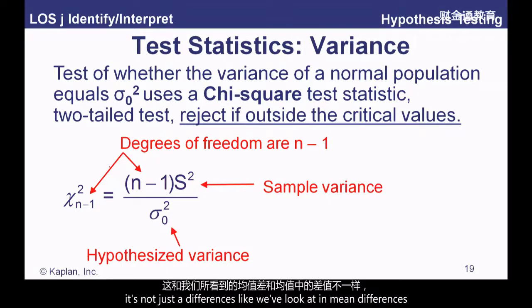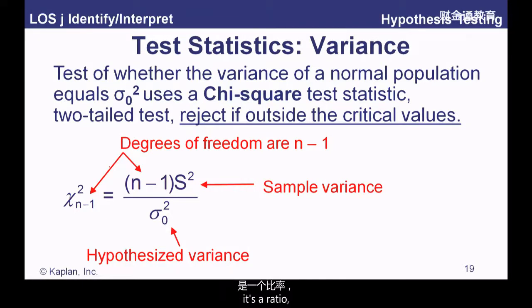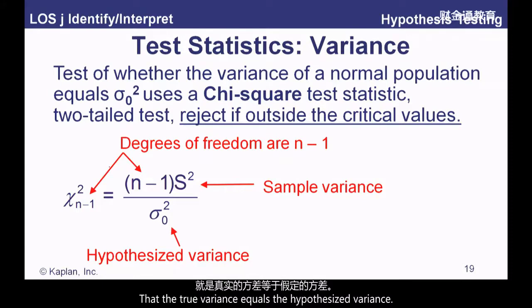It's not just the differences like we looked at in mean difference and difference in means. It's a ratio. It's distributed chi-square. Reject the null if it's too high or it's too low. And the null is what? That the true variance equals the hypothesized variance.